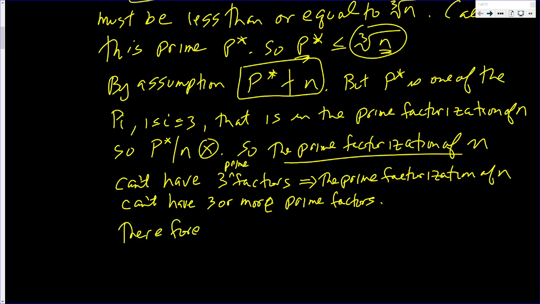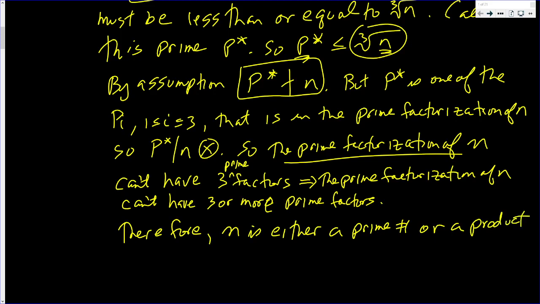Therefore, N is either a prime number or a product of 2 prime numbers.